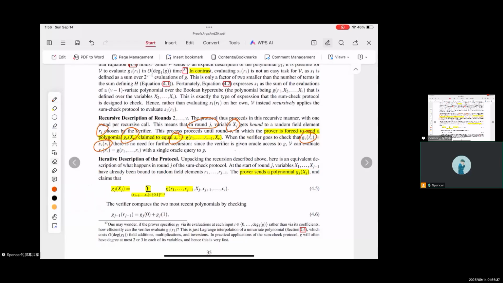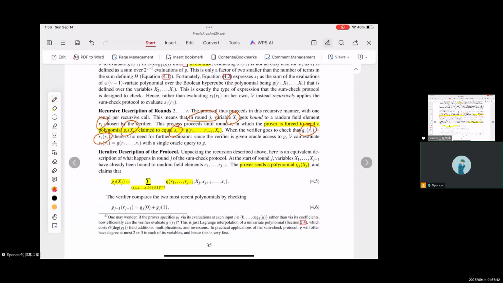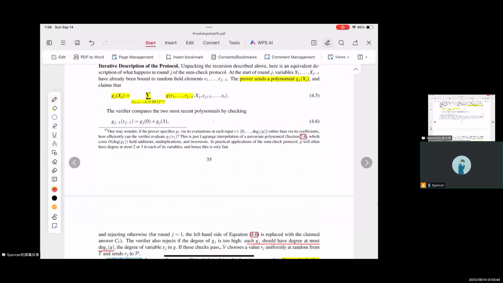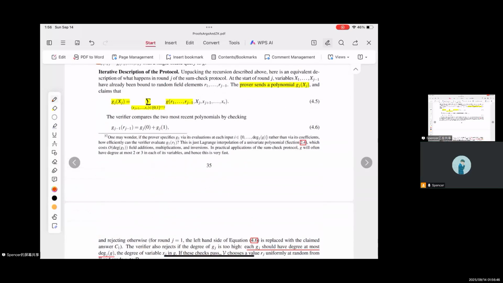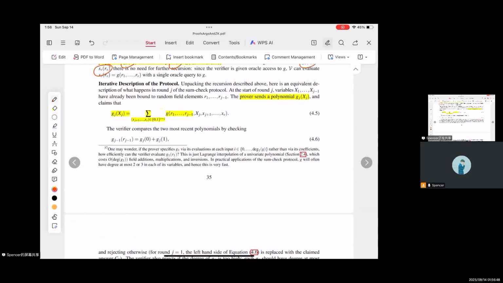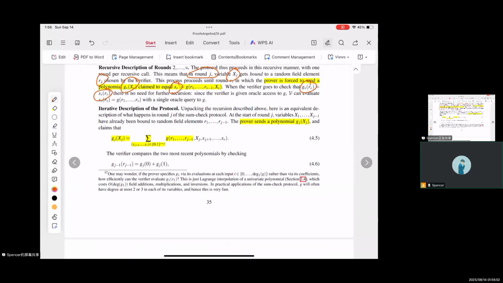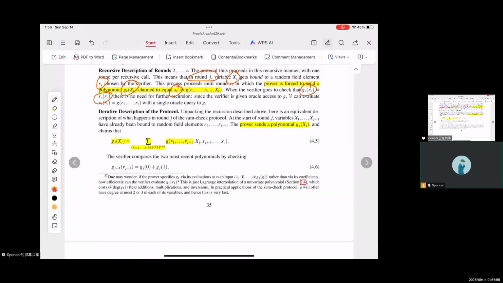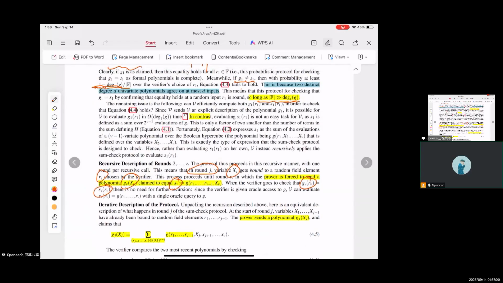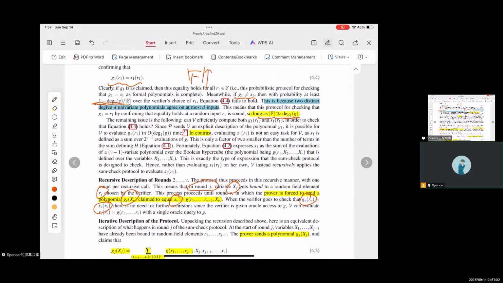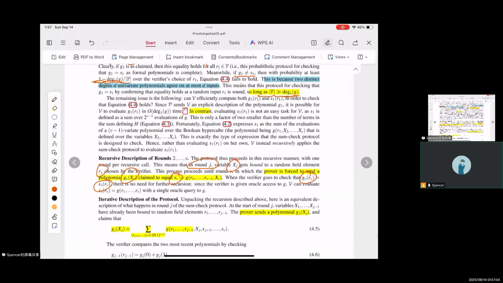And let's look at the iterative description of the protocol. Unpacking the recursion described above, here's the equivalent description of what happens in round j of the sum-check protocol. The first one is the recursive description, and now it is the iterative description.